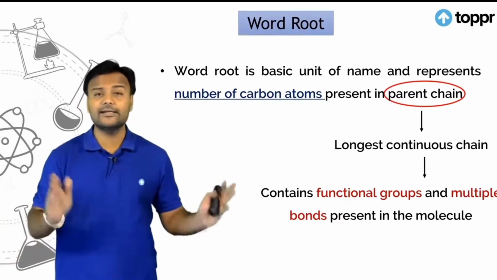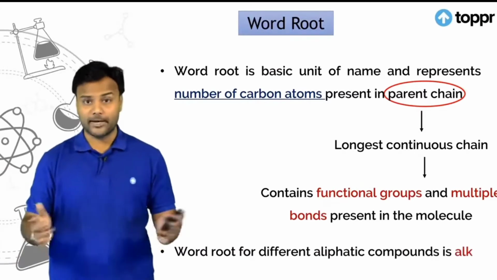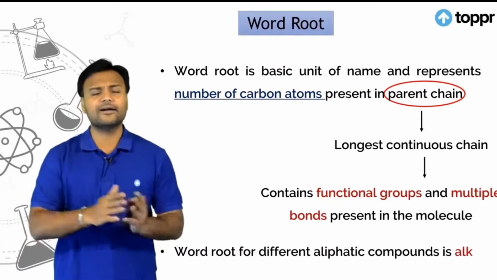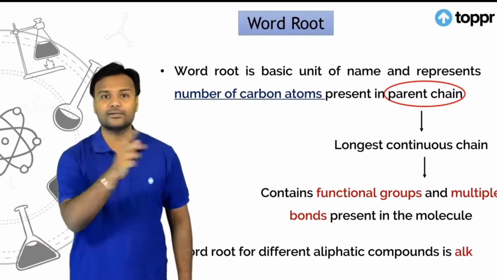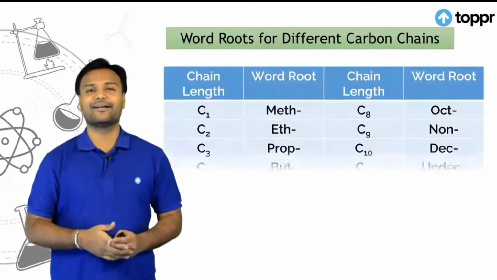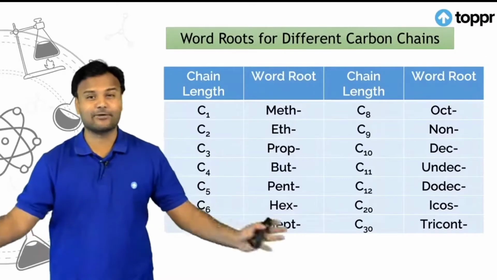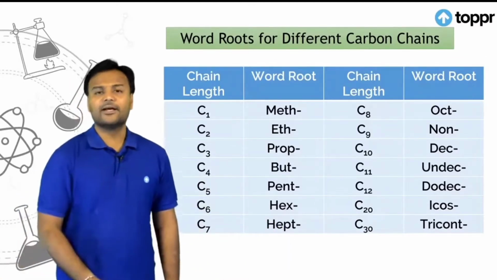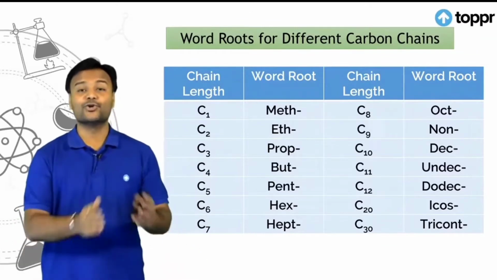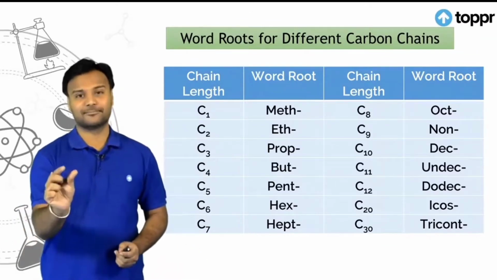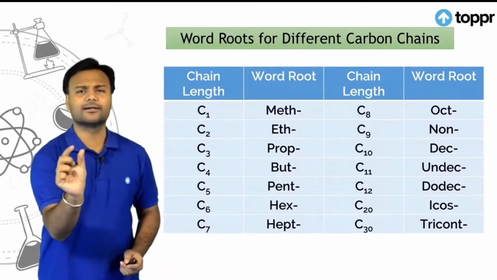Now we'll see in detail about this word root. Okay, so the word root for different aliphatic compounds starts with alk. What is this alk? Here you can see different types of alk. For example, if the longest chain consists of only one carbon, then your word root is nothing but meth. So this meth stands for your alk.